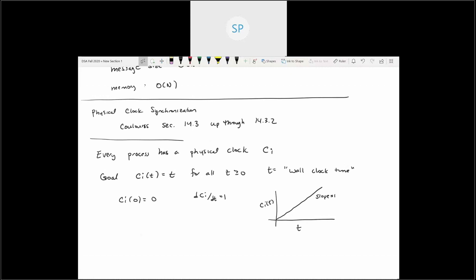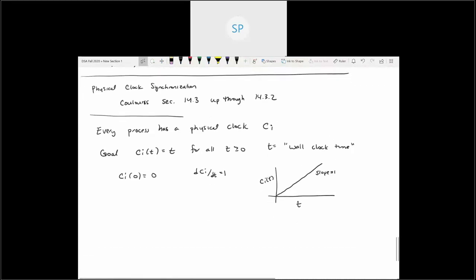But even if they are perfectly working, they drift, right? And that's just an inevitable function of our clocks. So if you have, say, a computer clock or a watch, they drift. That means that they don't tick at precisely this rate, like their slope is not precisely 1.